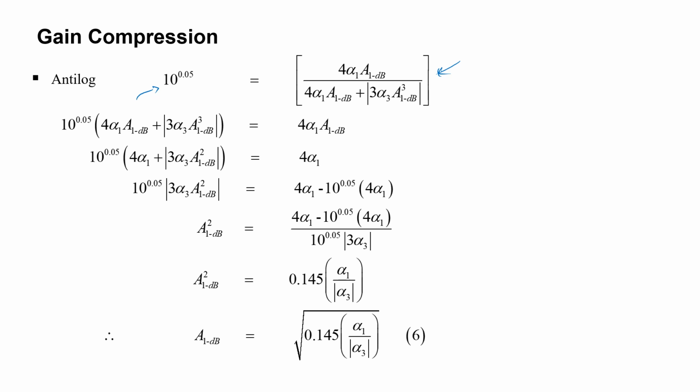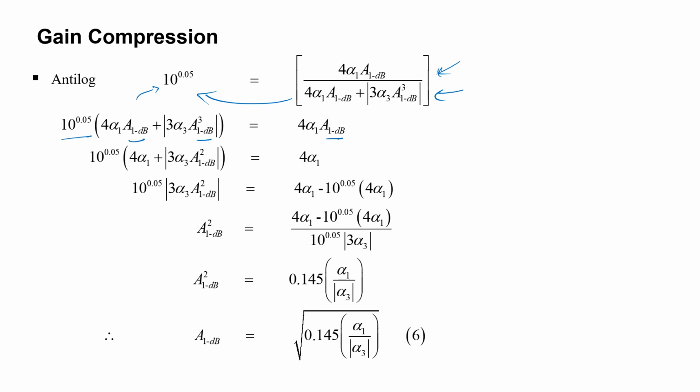If I do a little bit of maths, I will end up with an equation. Let's first derive it. First I will pull this denominator value here multiplied by 10 to the power 0.05, and then I will cancel these values, so only a squared will stay and the rest of the a 1 dB compression points will cancel out with each other.